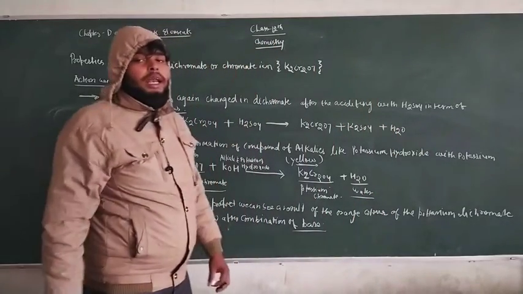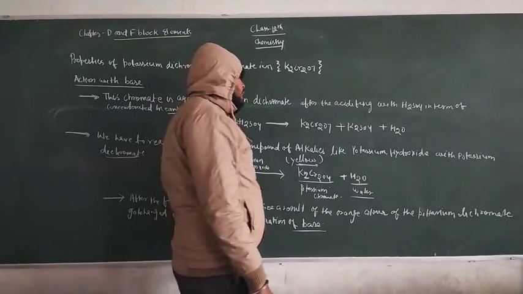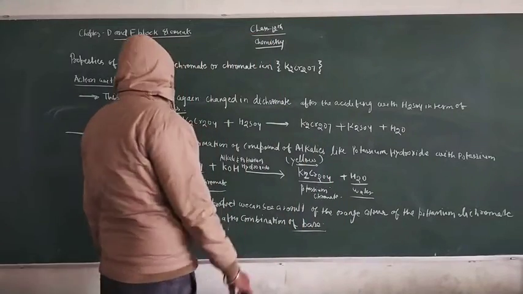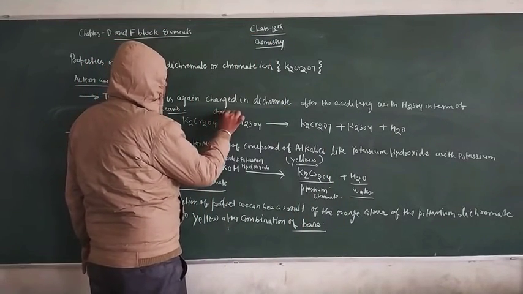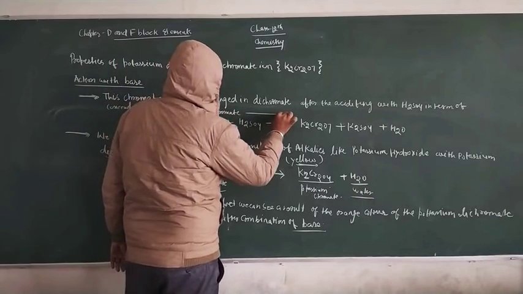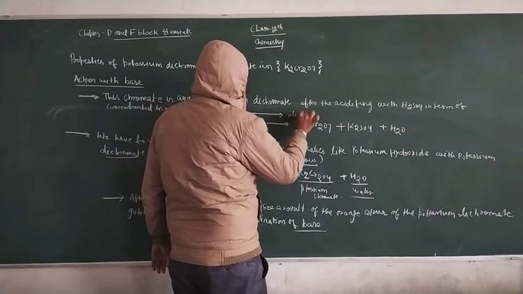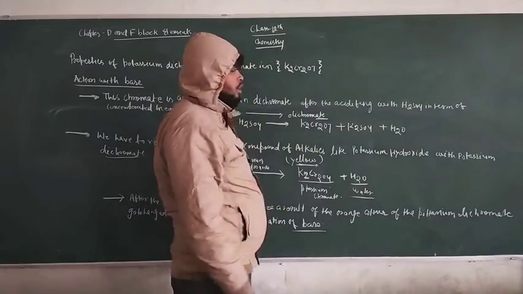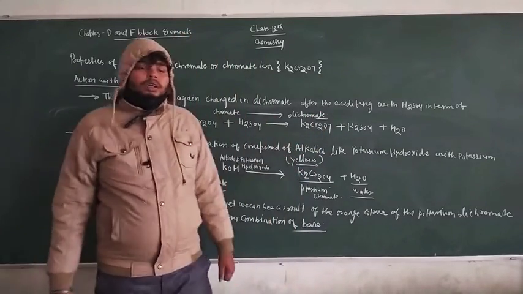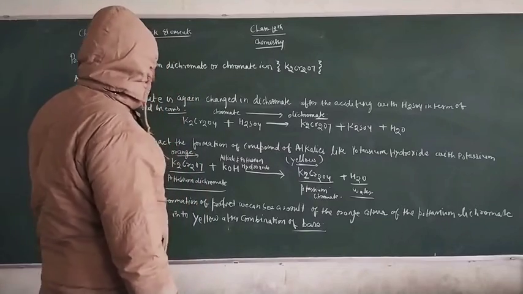That means both the properties happen to be formed. You can see chromate to dichromate formation. So this is our second property.